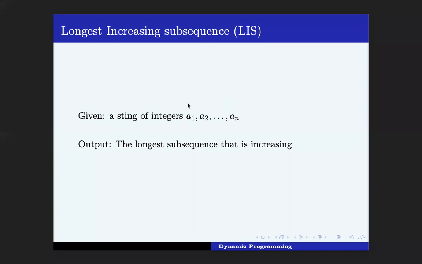Sir, if it is not bigger than or equal to the last element of the previous subsequence, then we cannot include it in the longest increasing subsequence. No, but we can include it. What do you mean we cannot include it?